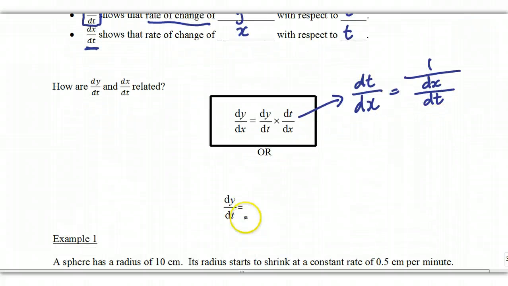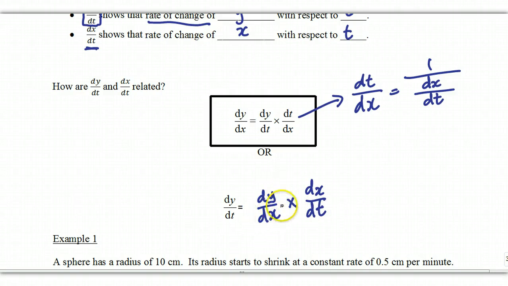Or another way for us to put it is that dy over dt is equals to dy over dx times dx over dt. It's as if you can cancel out the dx and you're left with dy over dt. So we will be making use of this to help us to solve questions that are related to rates of change with respect to time.